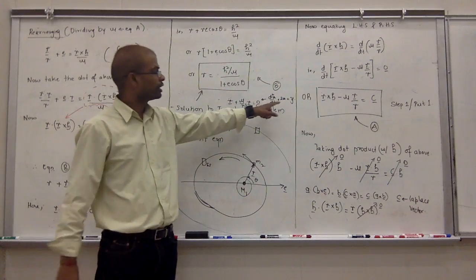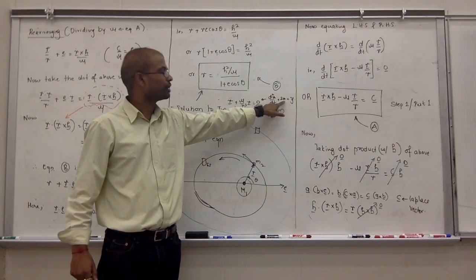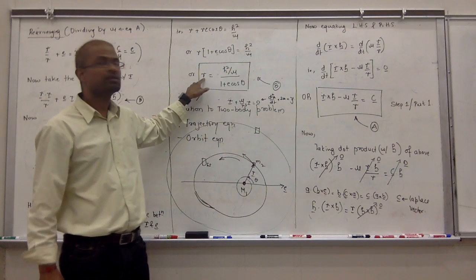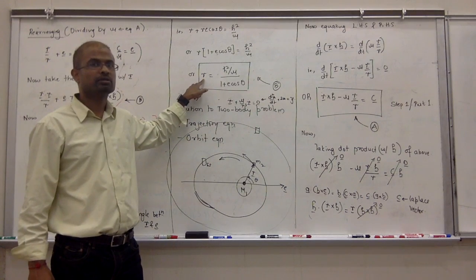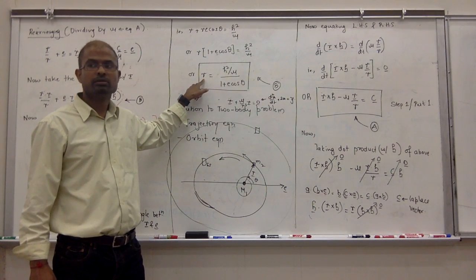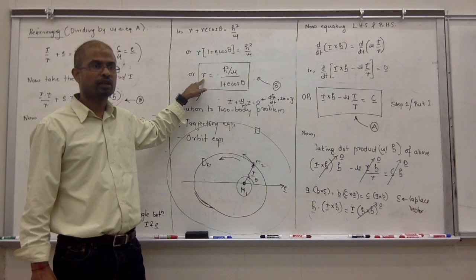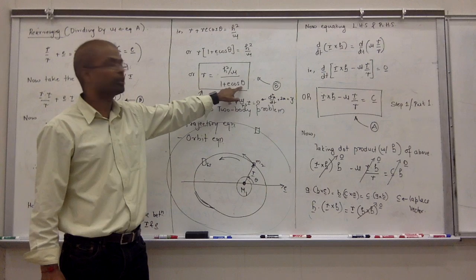You're going to try and figure out, as part of your solution, this x. You're interested in getting a solution for this x. What we have here is a solution for r. You see it? We have figured out a solution for r. r is expressed in terms of only one variable, that is theta.